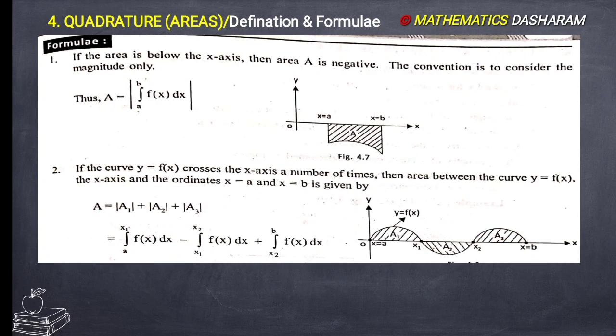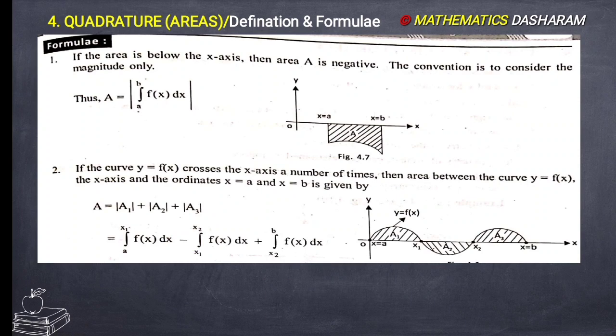First, how do we find A1? A1 was formed here, this area, so integration from a to x1 of f of x dx, because the ordinates are a and x1. Next, area A2 was found below the x-axis, so it is denoted with a negative symbol.